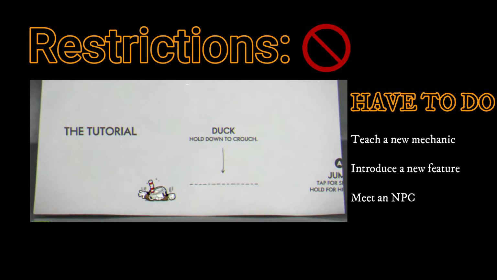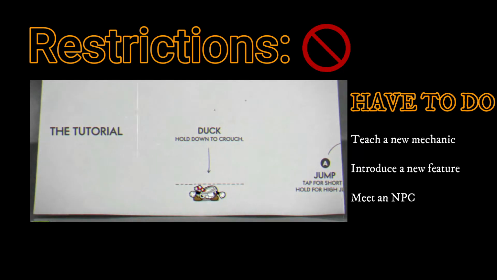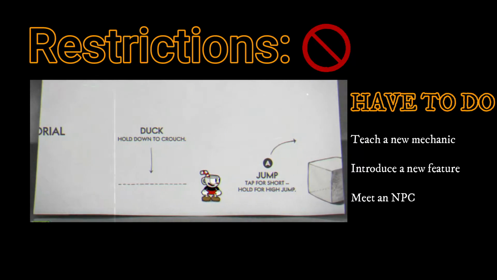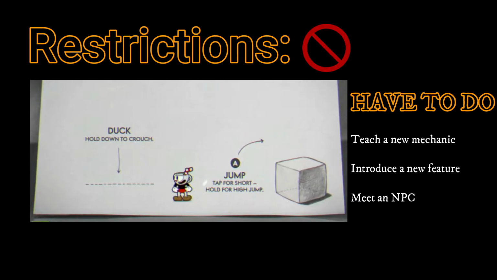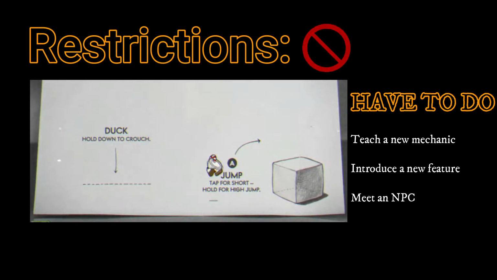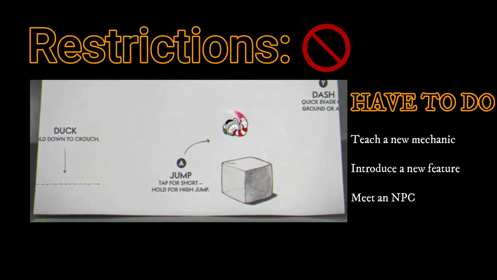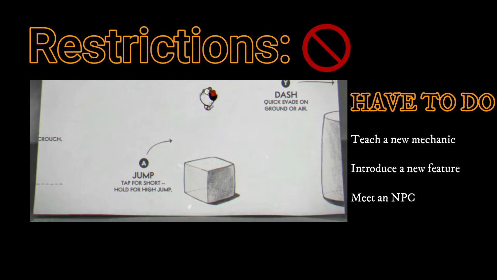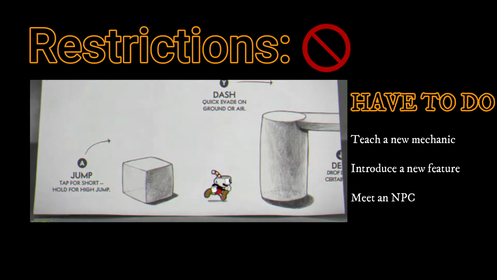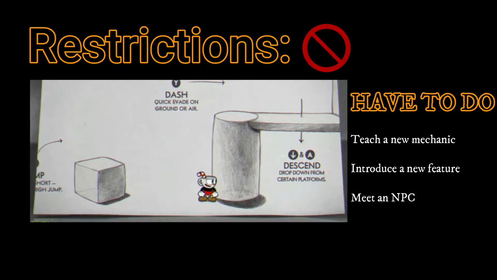Often they're not decided by the level designer. For example, introduce and teach a new mechanic, such as a new item. Maybe the level can't take place on Earth. Maybe you need to introduce and use a new enemy type throughout the level. Maybe you need to meet up with a friendly non-player character at the end of the level.